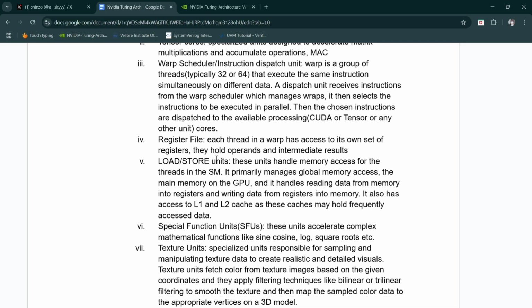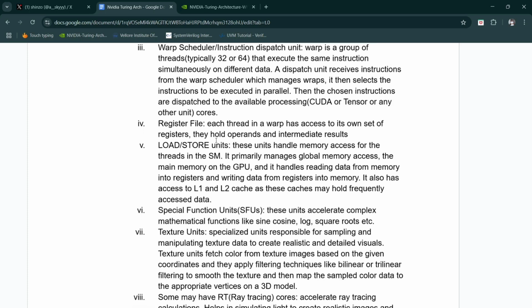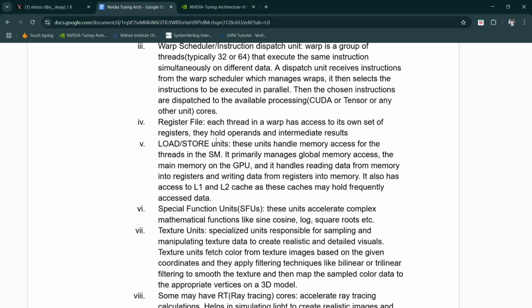You have the register file. Basically, each thread has its own set of registers which are used for operations, and this is where the operands and intermediate results are stored. This works like an L0 cache for the processing block.